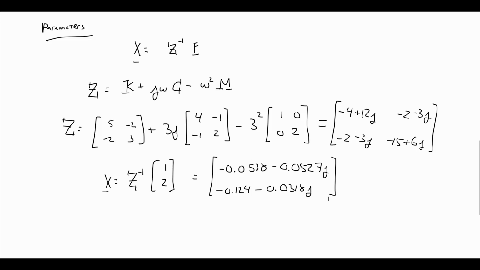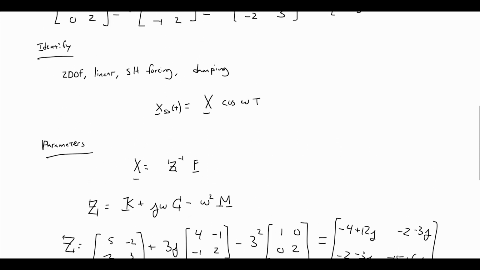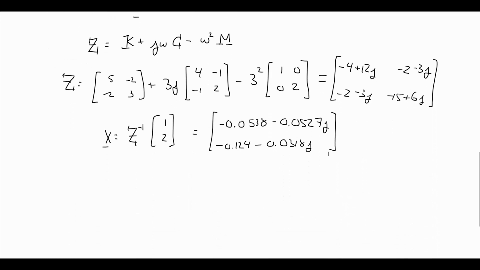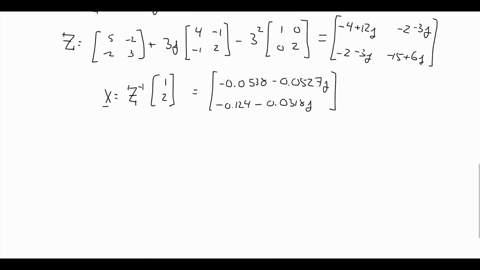And that is going to be the coefficients in front of the cosine term that gives us the steady state solution for the first degree of freedom and the second degree of freedom. So we are faced with this issue here that x is complex, and physically that's not going to make any sense to us. So what we need to do is convert these complex Cartesian form values into polar values, a magnitude and an angle.